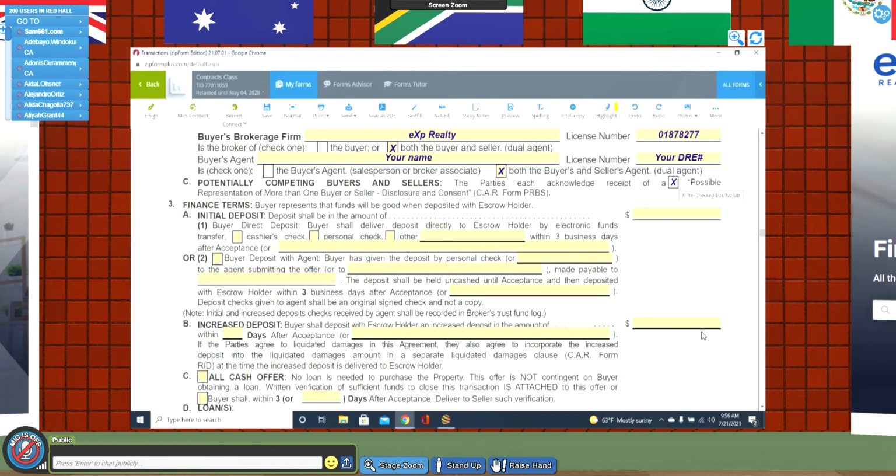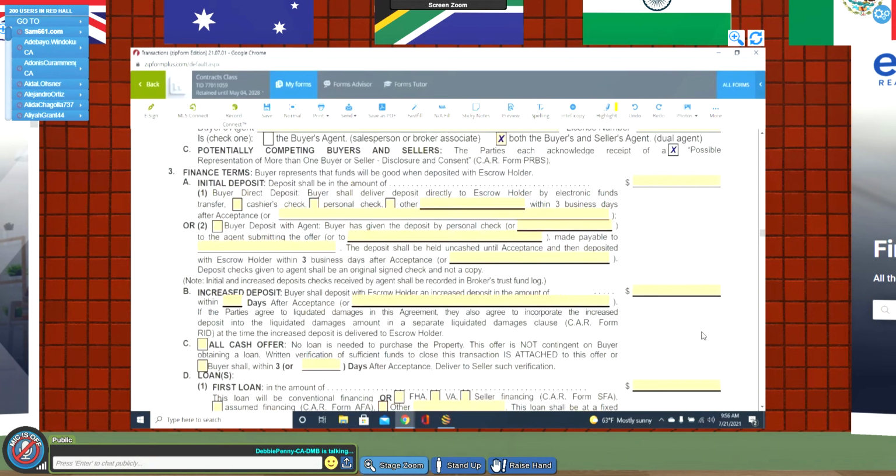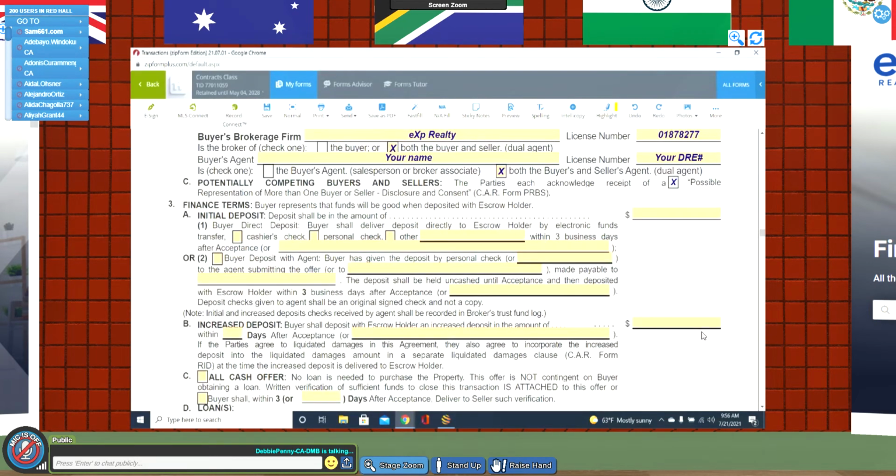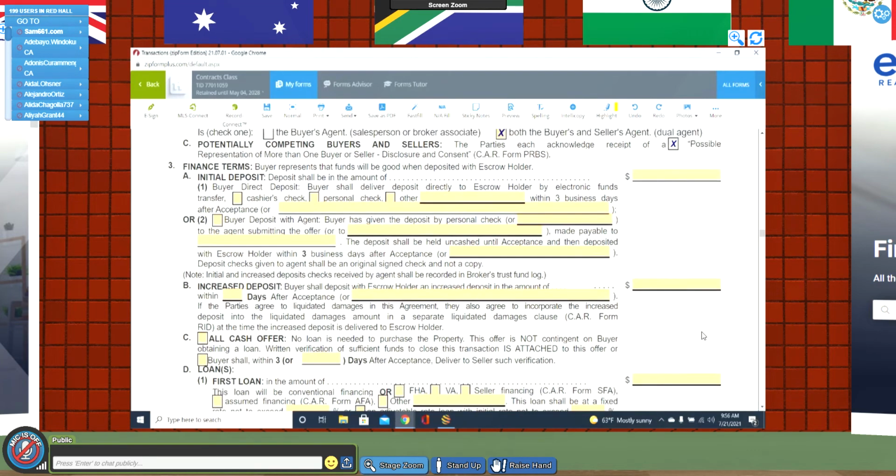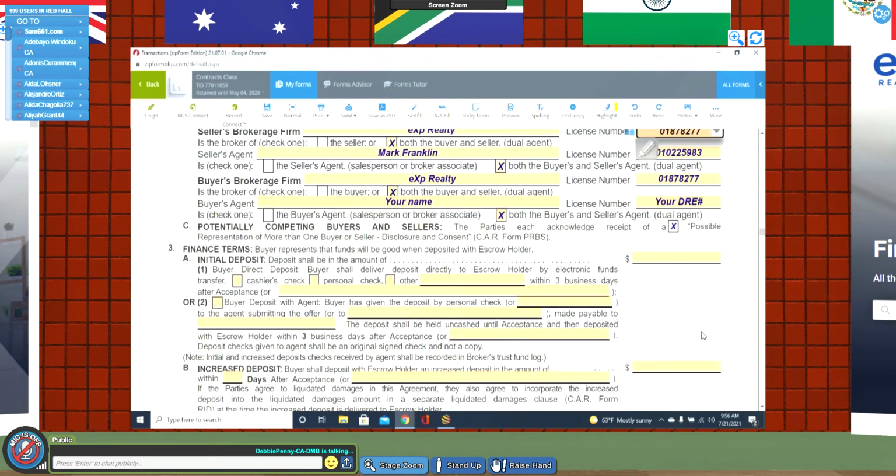Now, because of that, it makes no sense really to do an initial deposit of more than 3%, because the seller can't keep it anyway. But right now in this market, when everyone is really looking for every way possible to sweeten an offer, having a strong deposit is part of that.